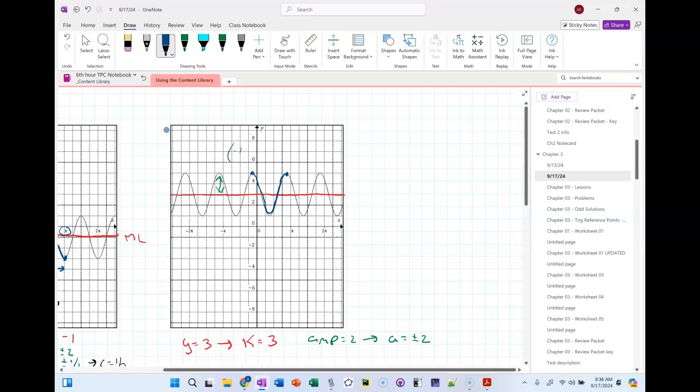So this point over here is negative pi over 8, comma, what is that, 4. No, that's 5. Okay. And then this other point is, let's see, 2/8, 4/8, 6/8, and then one more, so 7/8.